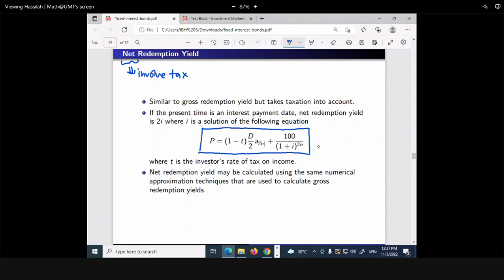Give comment. 1 tolak T darab D bahagi 2, A sub to N I, tambah 100 per 1 tambah I kuasa 2N.